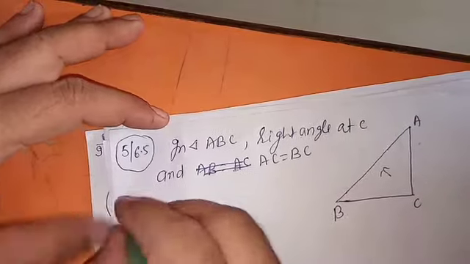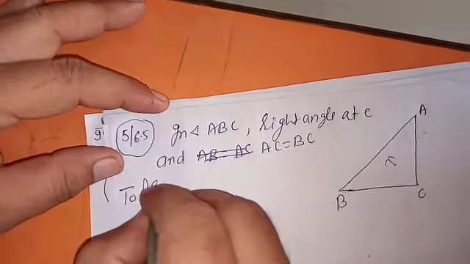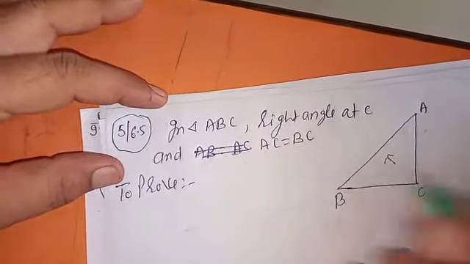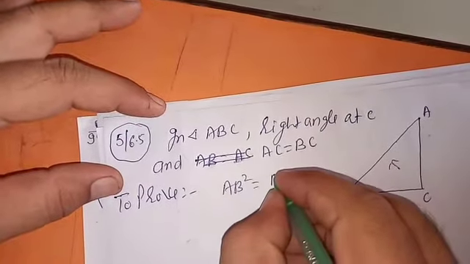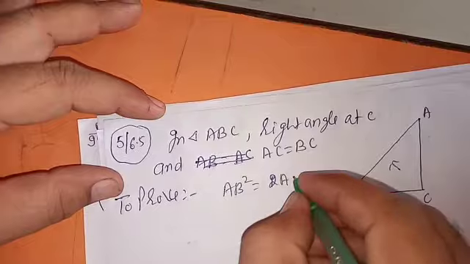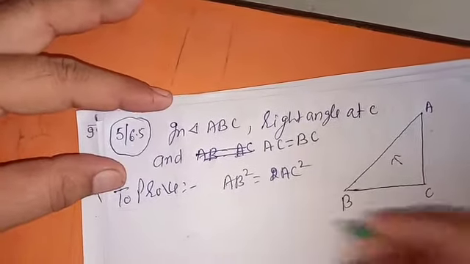So by Pythagoras theorem, to prove AB square equal to twice of AC square.